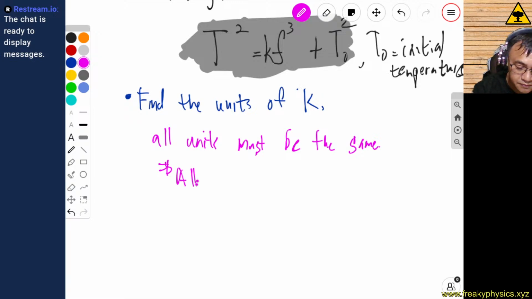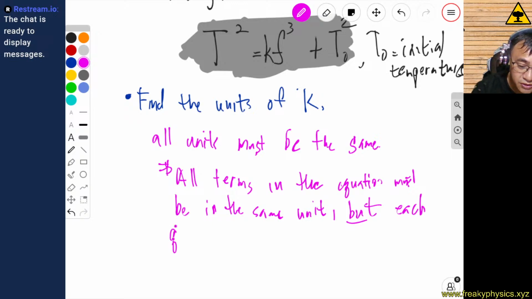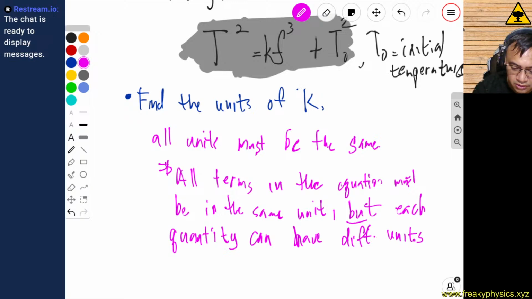All terms in the equation must be in the same unit, but each quantity, so in this case the k and the f, and the T and the T0, each quantity can have different units. Okay, so that's the first part.